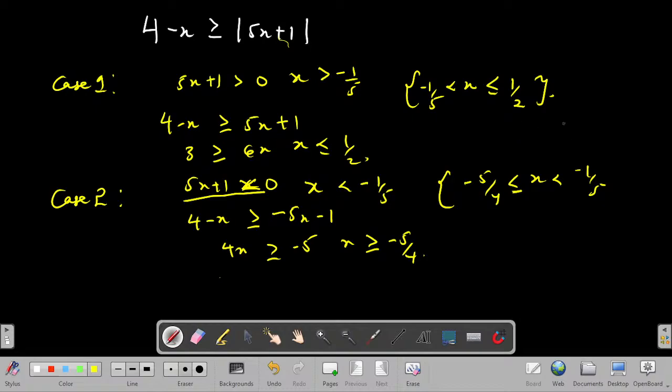The next thing to do is what we call merging. To merge the two, what do we do? We simply have to take the common endpoint. Now, assuming that you have a range saying that x is greater than 3, and another range saying that x is greater than 2, it is better I choose x greater than 3, because if something is greater than 3, obviously it will be greater than 2.